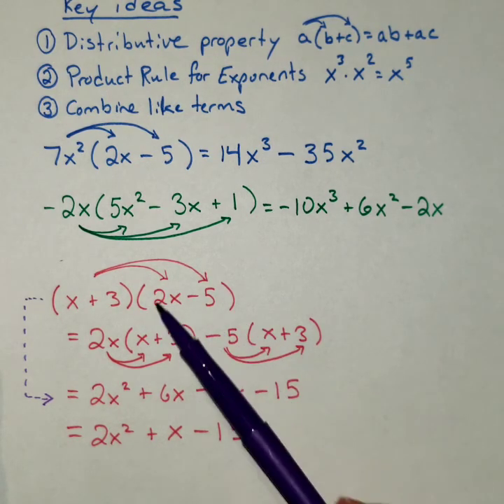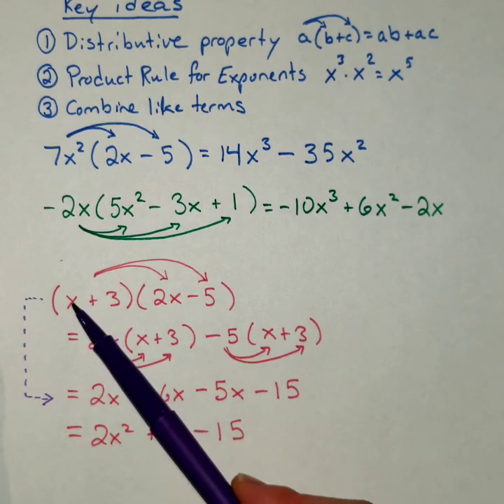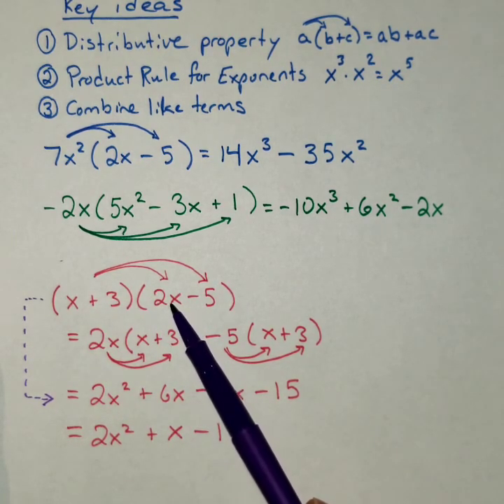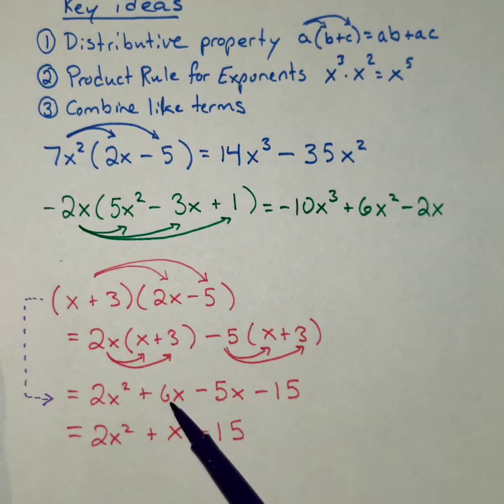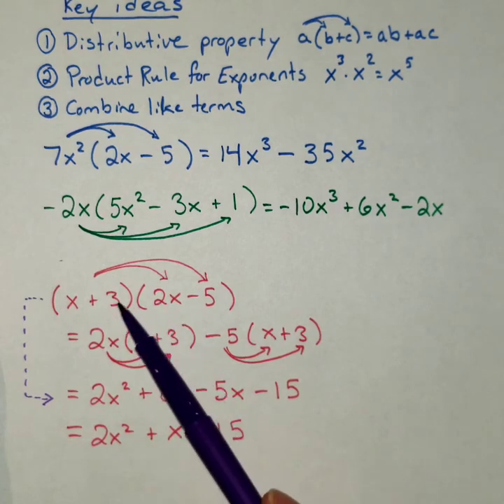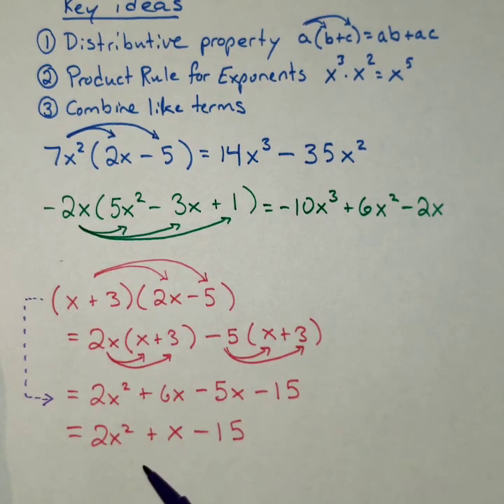And so what I want you to see is that this first term, 2x squared, is the product of x and 2x, the first two terms. 6x was the product of 2 times 3. That's the two inner terms, the ones in the middle.